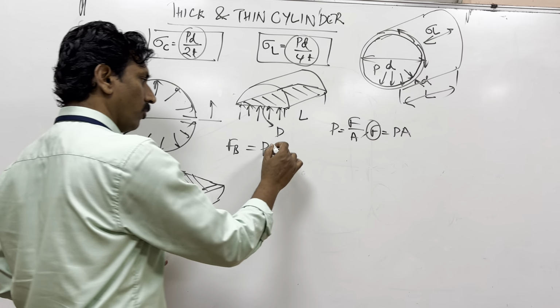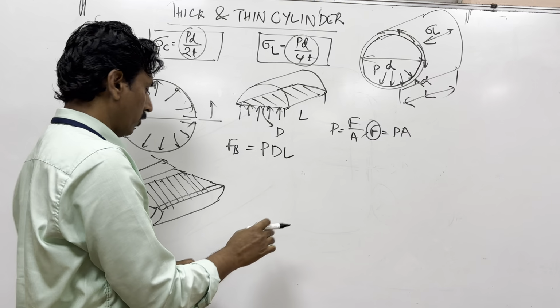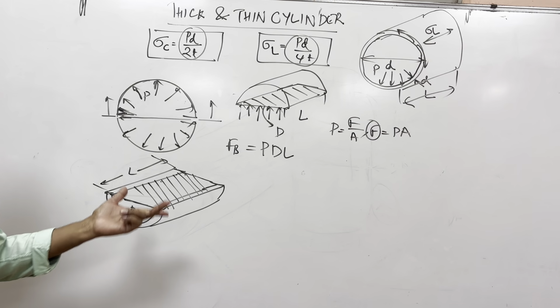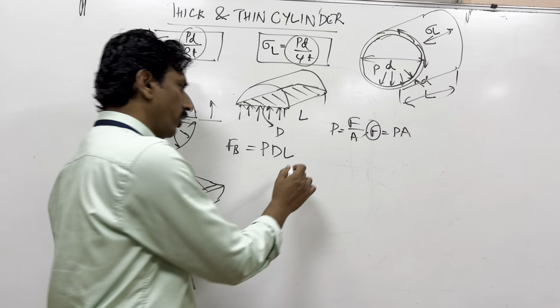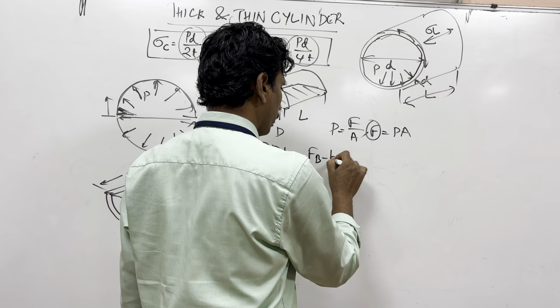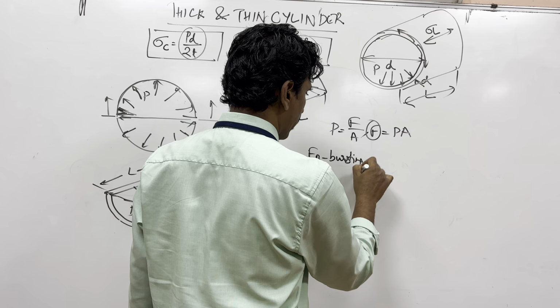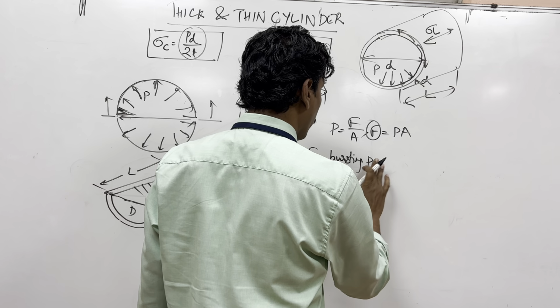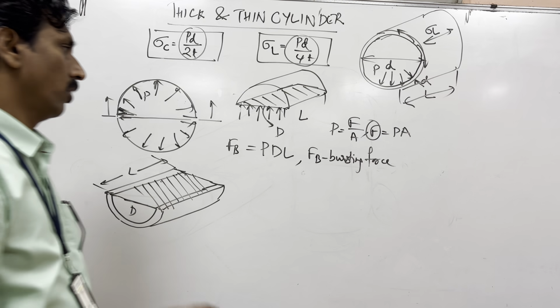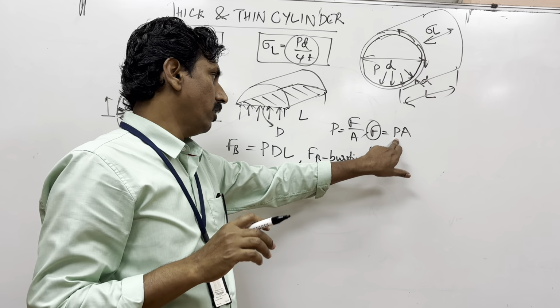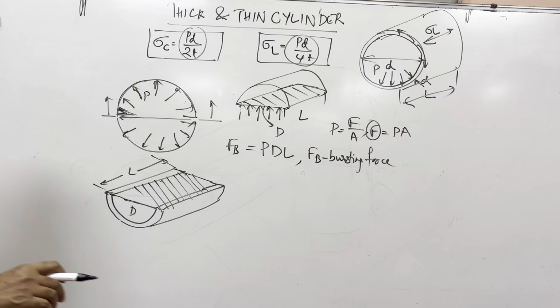D into L. You can write small d or capital D or whatever. So FB is the bursting force, and this is the pressure inside.